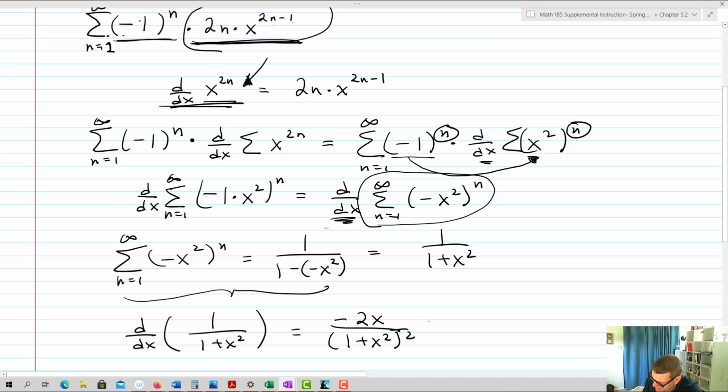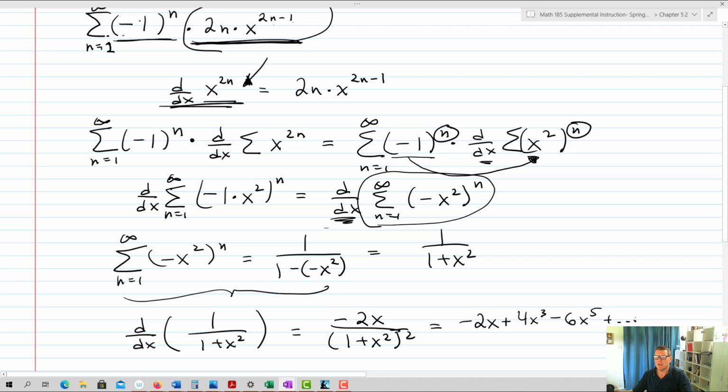And that is, in fact, what this series is. That's going to equal negative 2x plus 4x cubed minus 6x to the 5th plus, etc.